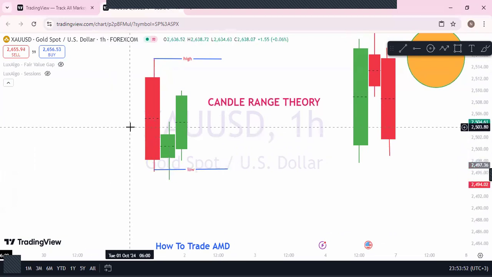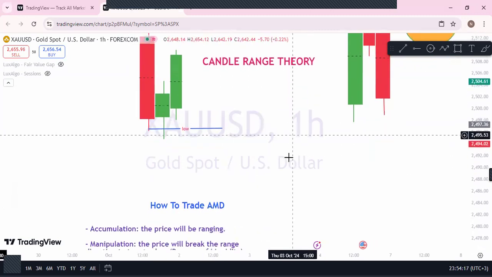Bullish candlesticks should have a lot of momentum in the market, so buyers should be in charge. Then the candlestick that opposes the movement is the candlestick we will identify as the CRT candlestick.